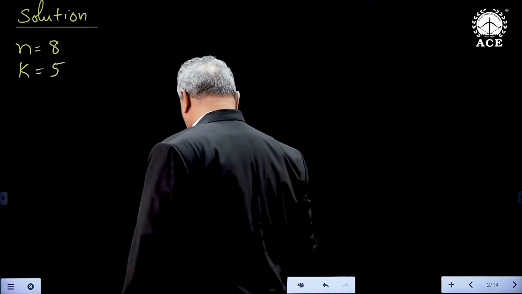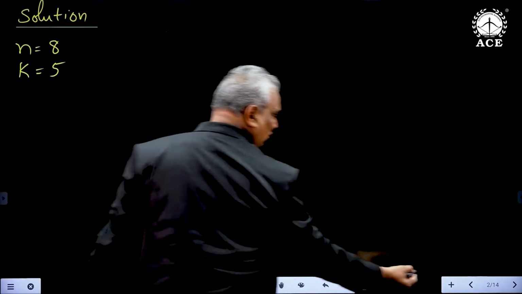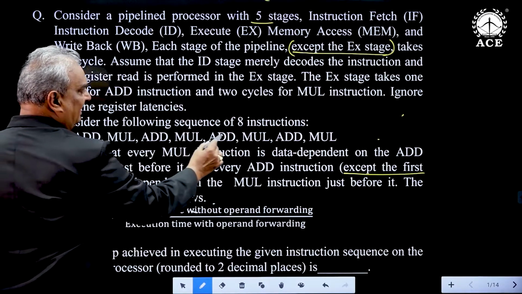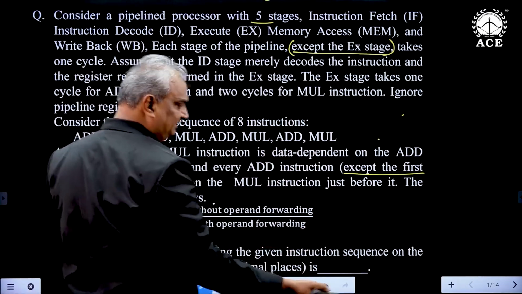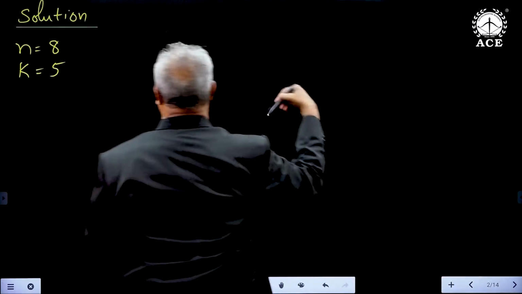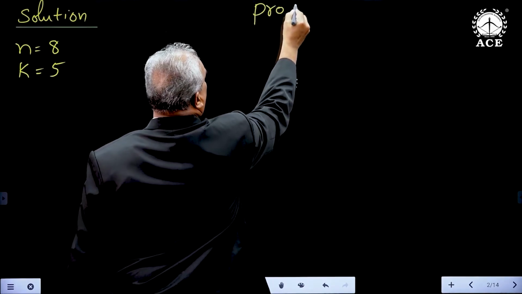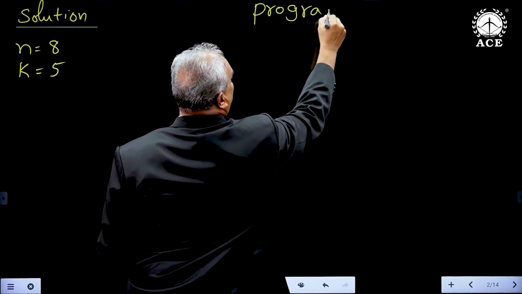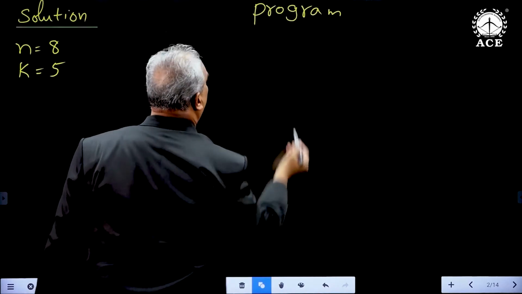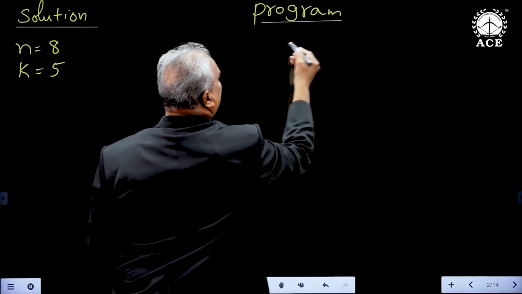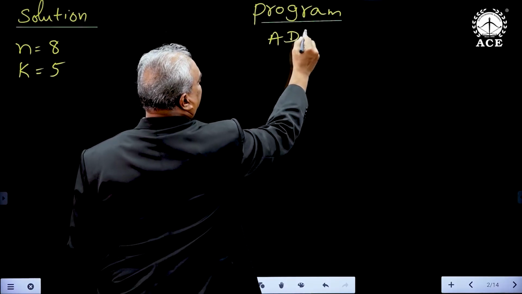Okay. Now, the given program is like this. Observe the program once. Add, mull, add, mull, add, mull, add, mull like that. The program is written like this. First instruction, add.